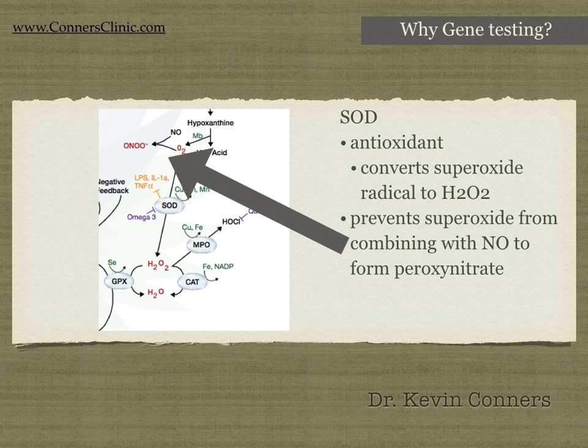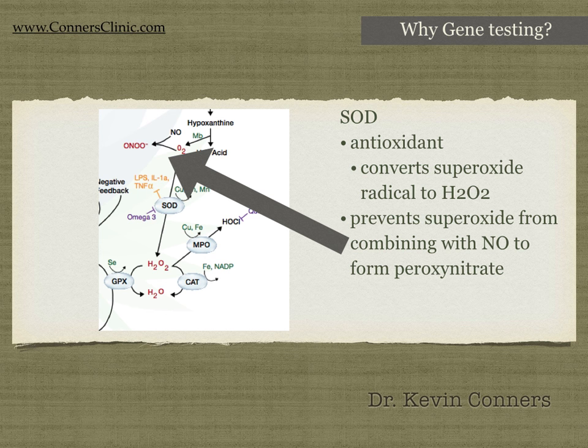You have endothelial nitric oxide, which helps to keep the endothelial cells of your blood vessels open, and a deficiency in that can cause vasoconstriction, increased blood pressure, and cardiovascular disease. You also have neuronal nitric oxide synthase, which affects your muscles and your brain and your neurons. So nitric oxide is very important.